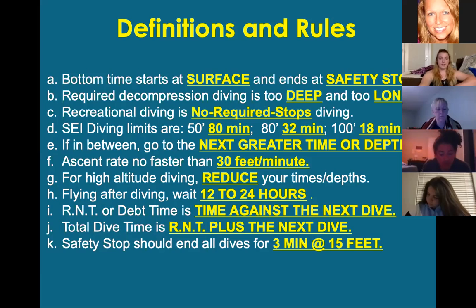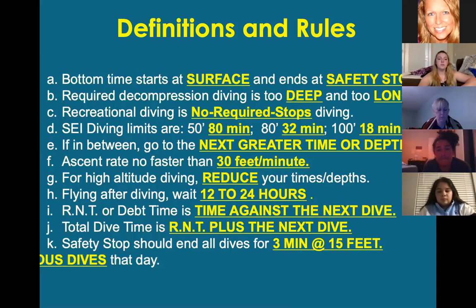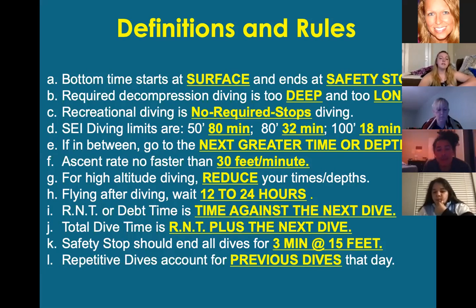And then your safety stop should end all dives for 3 minutes at 15 feet. And repetitive dives account for previous dives that day as well.